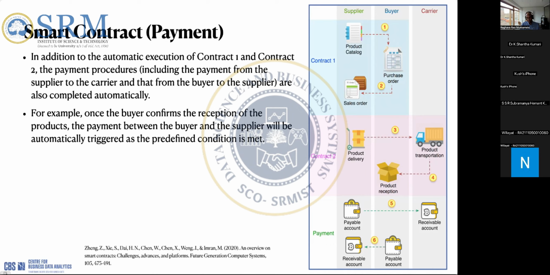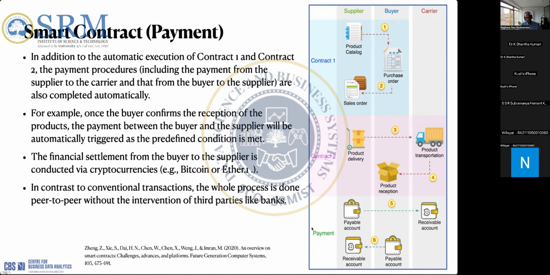In this case, we agreed on 500 rupees. Similarly, since there is also shipping involved, when the delivery has been made, the supplier will also transfer these 40 rupees of shipping fees to the carrier. So all these things are built into the smart contract.